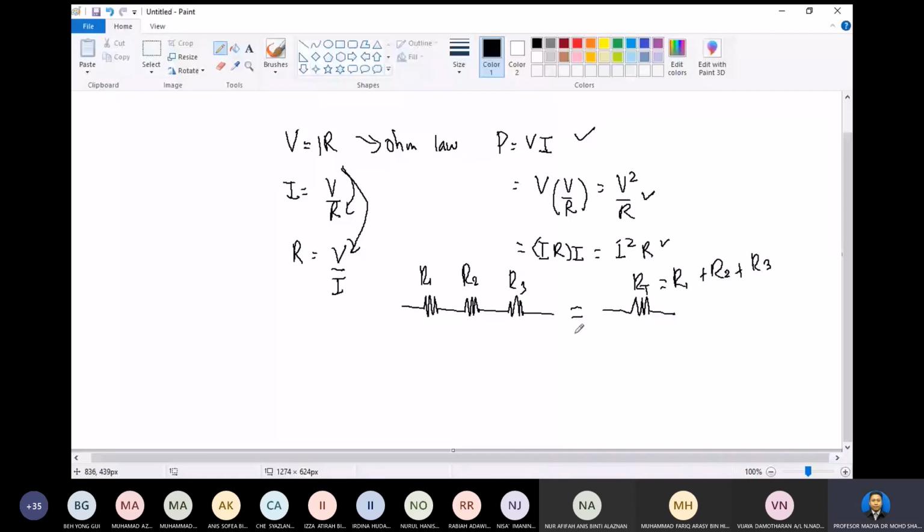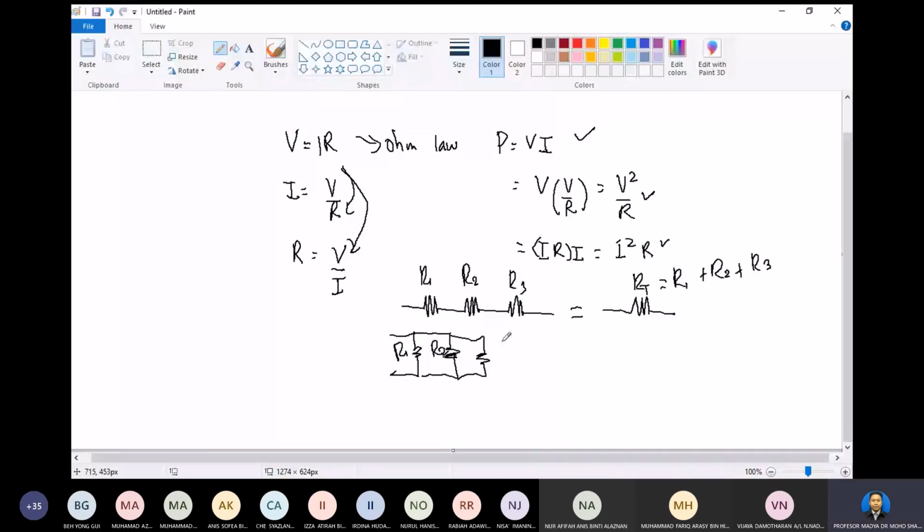Now, for example, we have resistors in parallel: R1, R2, and R3.